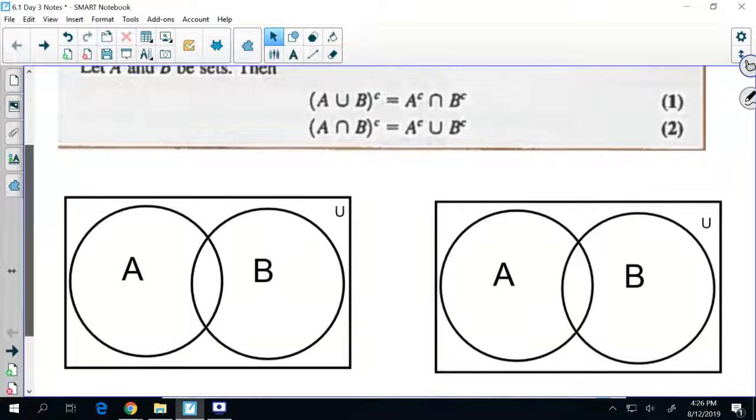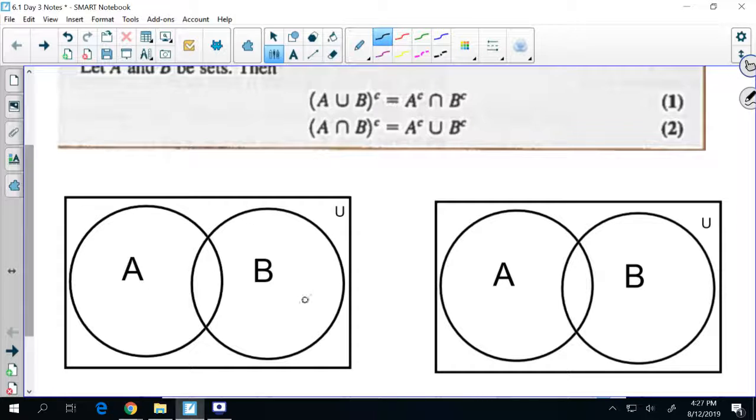So let's see if we can figure out the first one here. So what would A union B complement be? Well, remember that union means A and B. So A union B is all of this. So A union B complement would be all this out here, right? So everything that's not in A or B. Union is or, intersection is and, sorry.